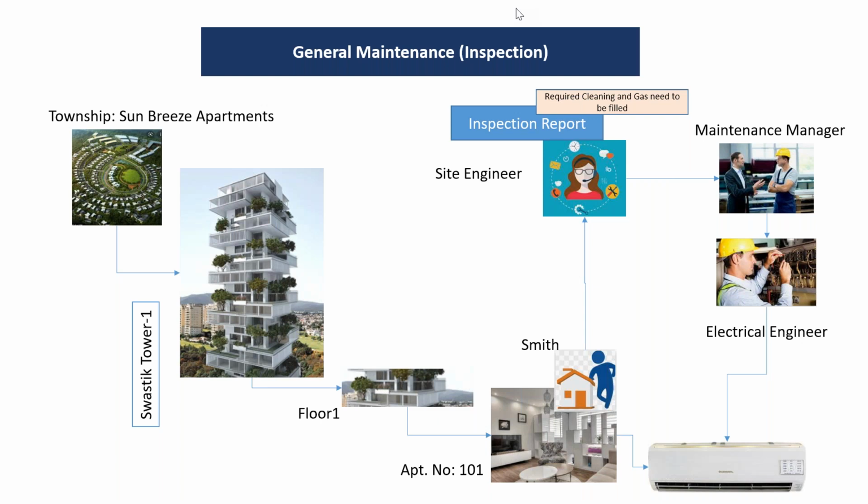He's an end user, so he just feels that it's not cooling properly and has to be cleaned because the air is not circulating well through the AC. So all these issues can be notified to customer care.